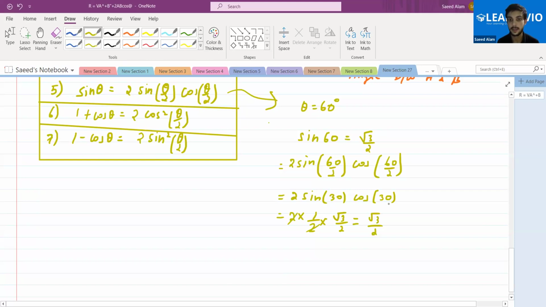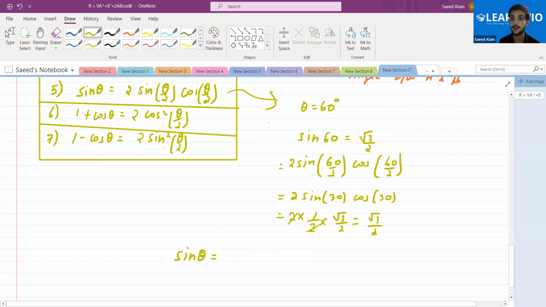Yes or no? Yes. So do you agree that to remember the first one, whenever you are finding sine theta and you need to halve the angle, this is called the half angle property.